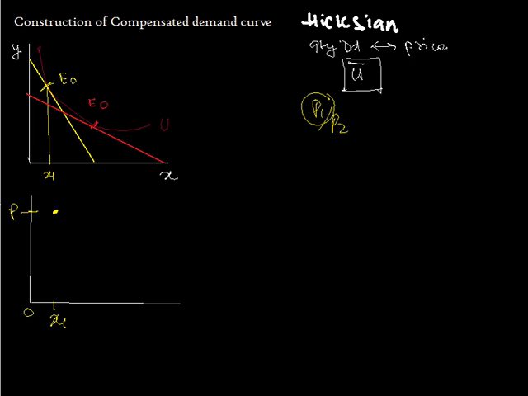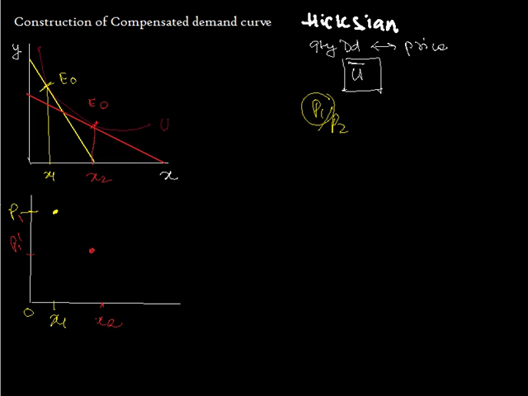Now again, how much of X are you buying? You're buying say X2, but price has fallen to say P1 dash. Clear? But you're buying more of X2. So that is another point on the Hicksian demand curve. Clear? Because on both of these points, your utility is constant.